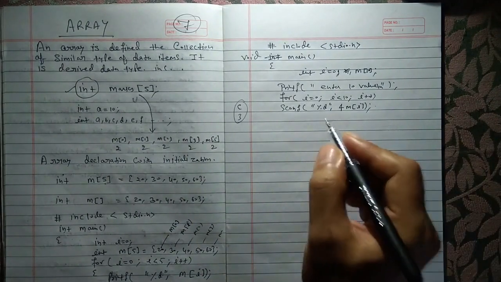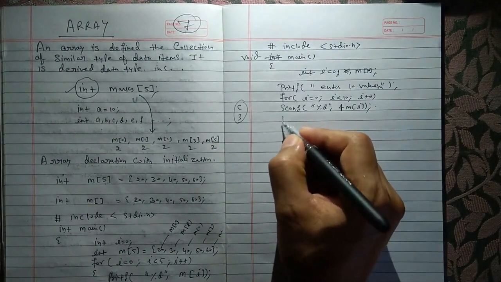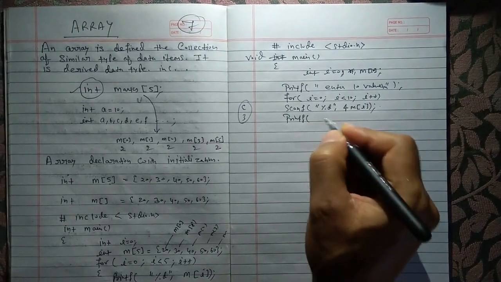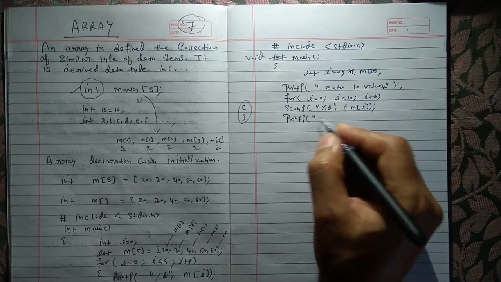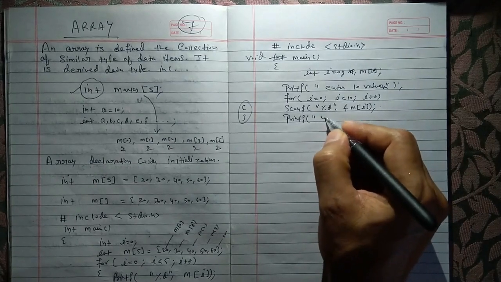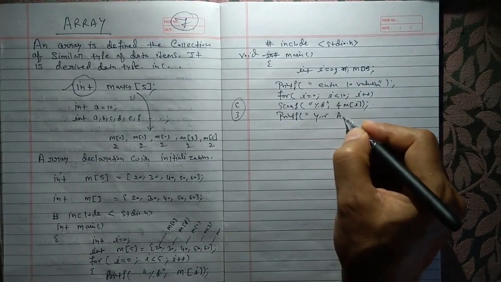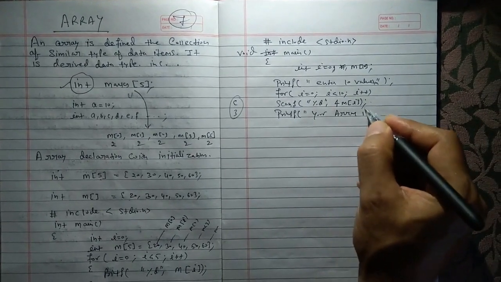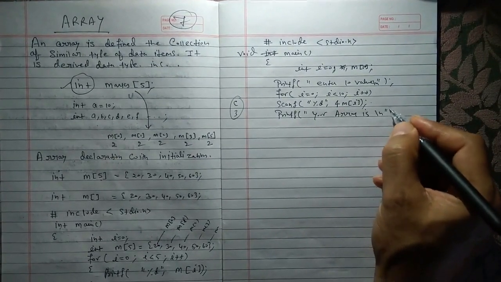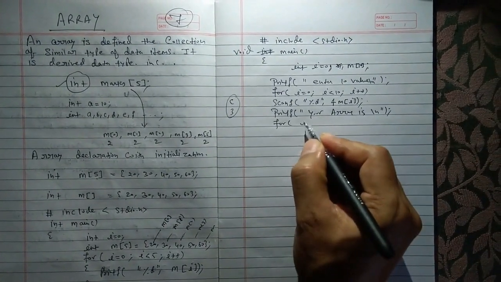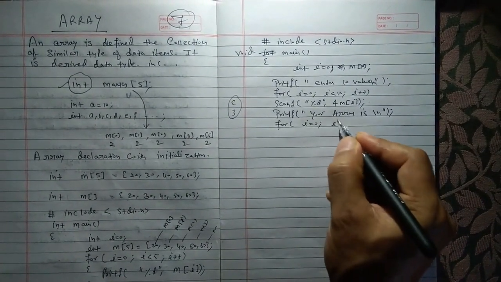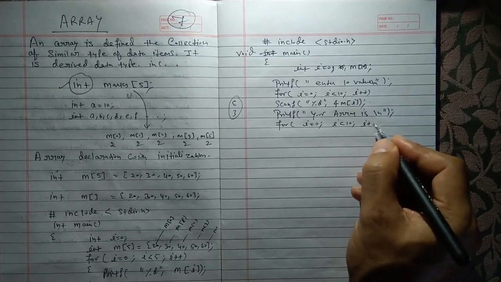Now I want to output this code, then printf. You can also printf "your array is" \n. Then I am using a for loop again, i equal to 0, i less than 10, i plus plus.